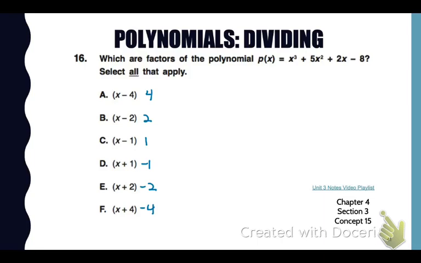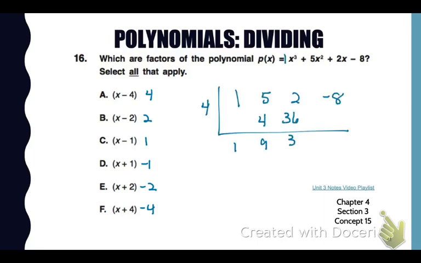We take the coefficients of the polynomial, 1, 5, 2, and -8, and then out to the side we place a 4. We bring down our first term, multiply diagonally, and then add vertically. When we continue with that pattern, we can see that our last number is 144. That is our remainder, so that means that x minus 4 is not dividing evenly. So I x'd out that choice.